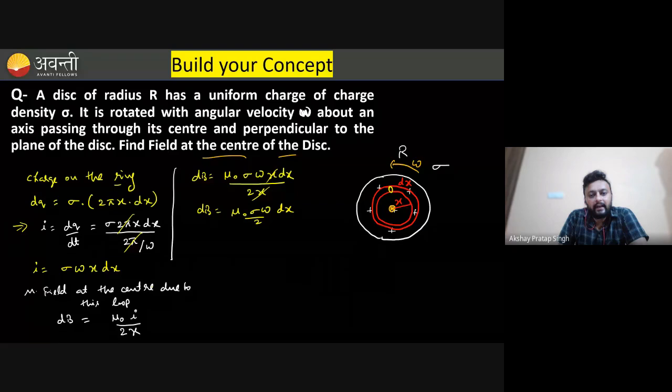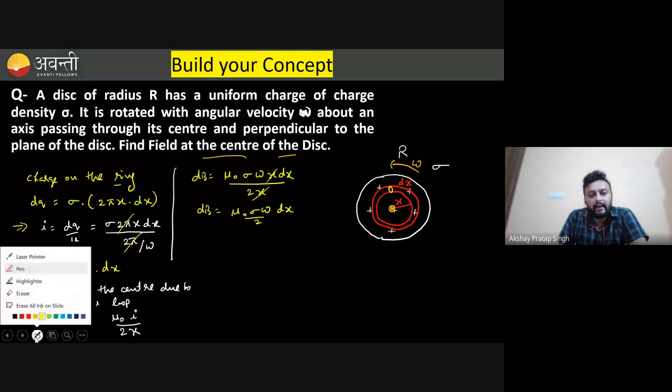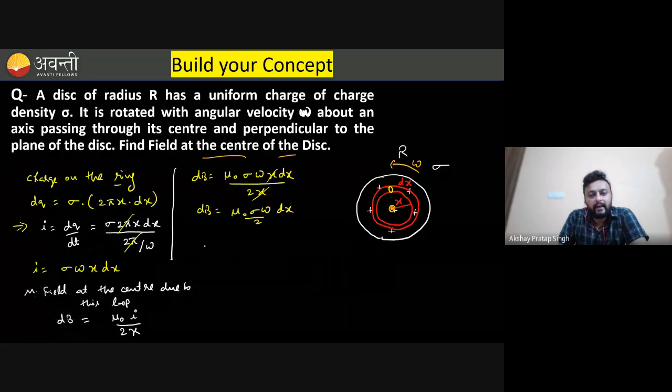Now what is the complete magnetic field? You will say the complete magnetic field will be the integration of this one, that is mu naught sigma omega by 2 dx, from 0 to r. 0 is the center, r is the extreme point, the radius.